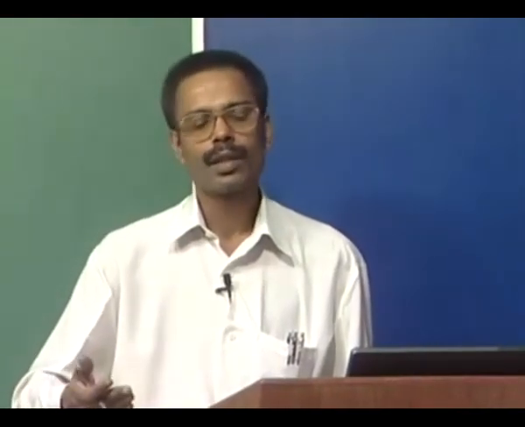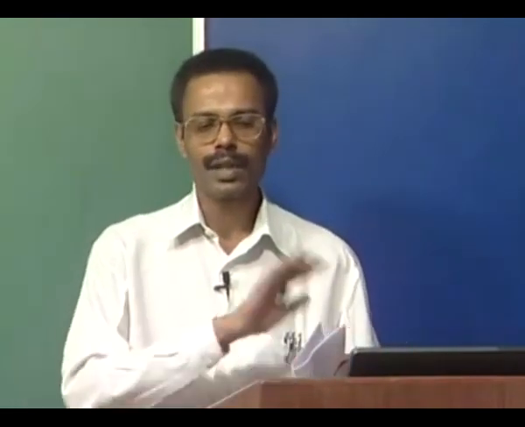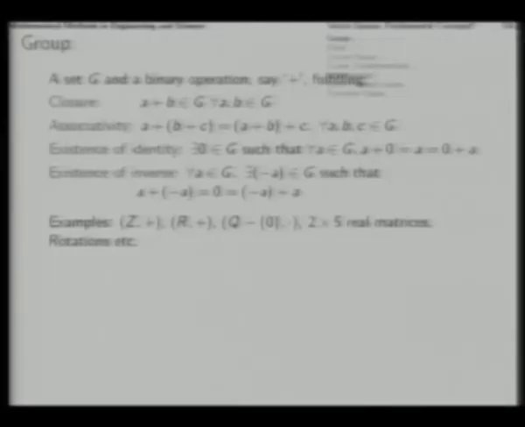So, that identity element we can denote as 0, and finally the existence of an inverse, that is for every element A in the set G there must be another element, can be denoted by minus A, which added to A from this side or this side gives the identity element, that is 0. If these are fulfilled, then we have what is a group, that set G and the operation plus together define the group.